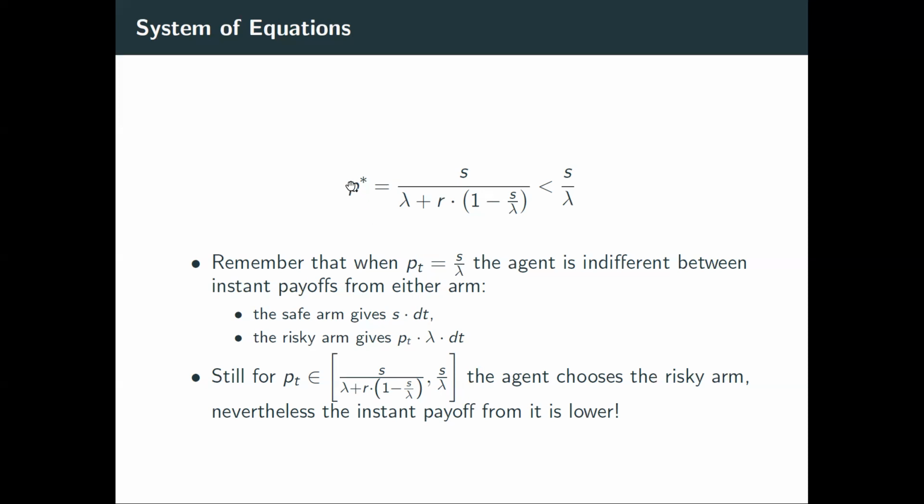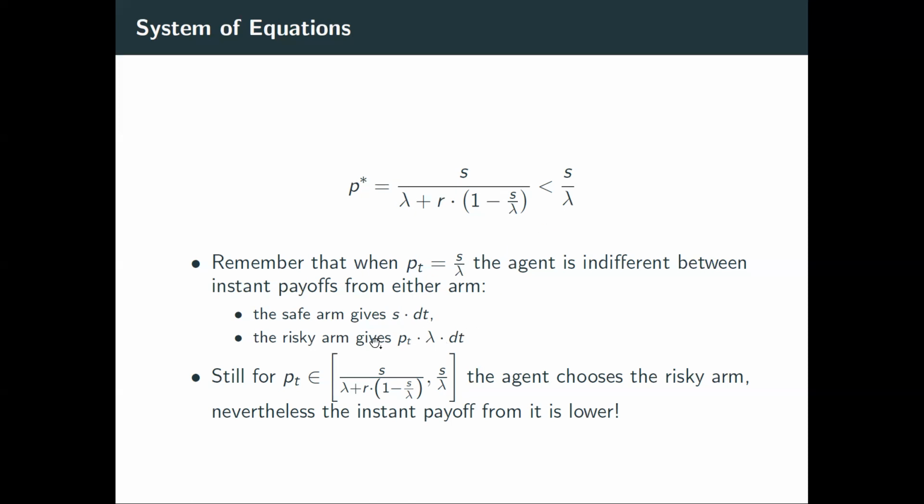And it turns out the belief at which you switch to the safe arm is lower than this threshold. If PT is even higher than S divided by lambda, it's clear that the risky arm dominates the safe arm even today, and therefore tomorrow.